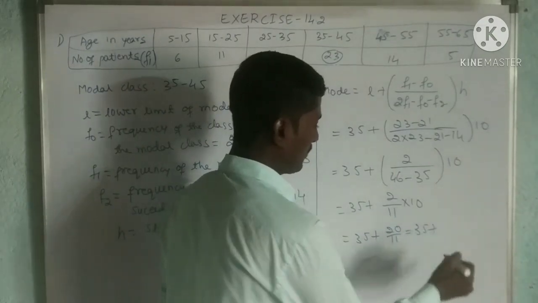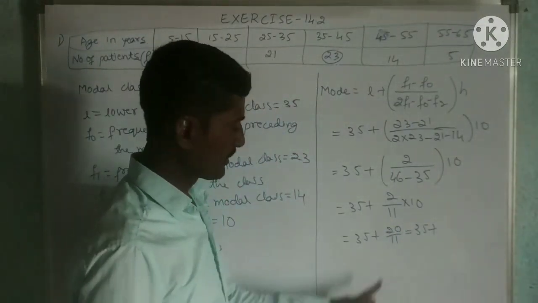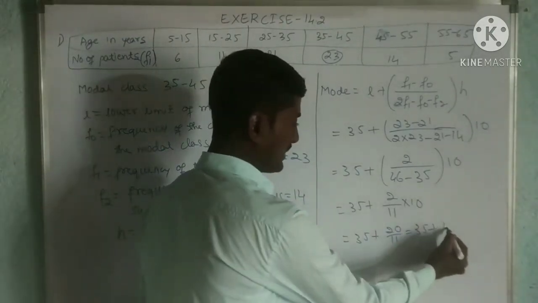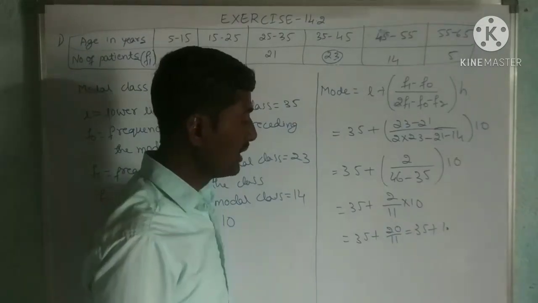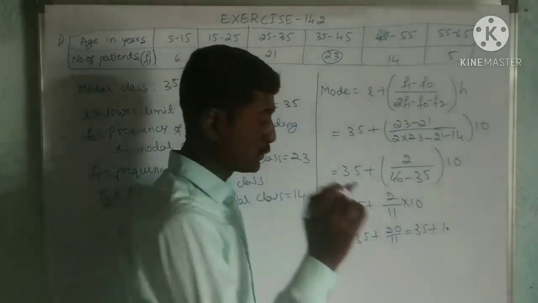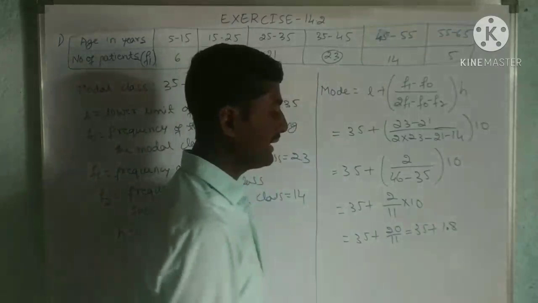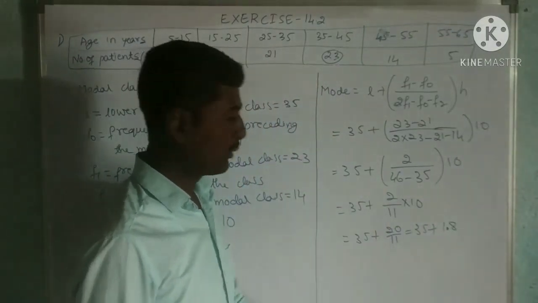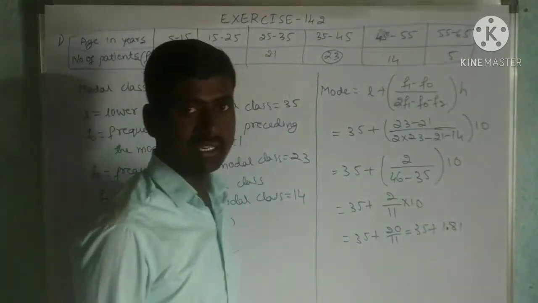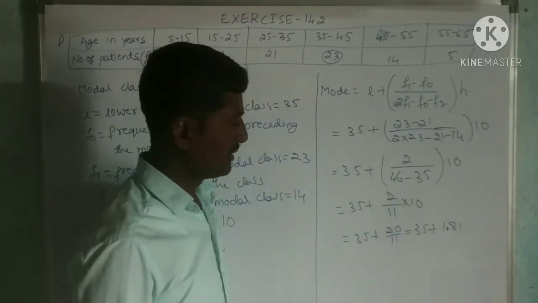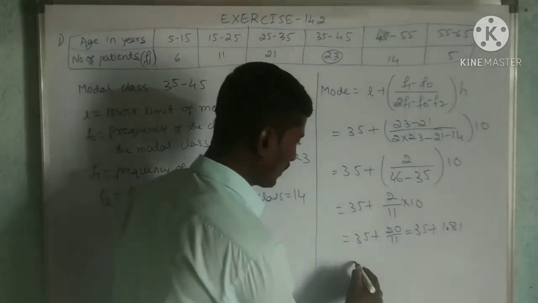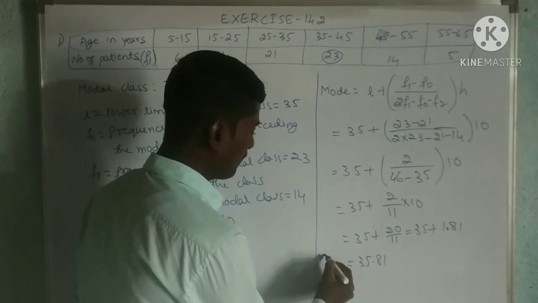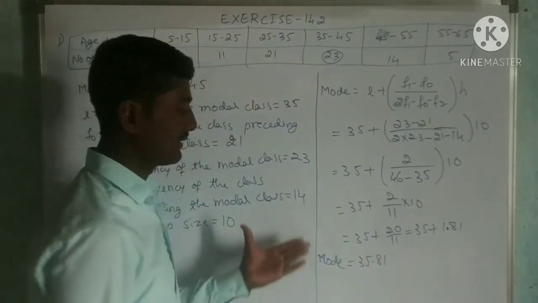Divide this: 11 nines are 99, remains 2, it will become 20, 11 ones are 11. So leave it. So this is equal to how much? 35.81. It is the mode of the given data.